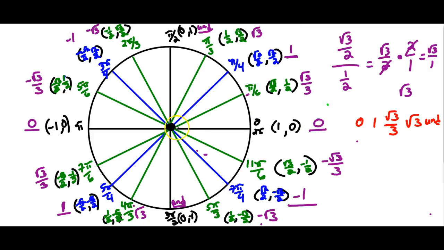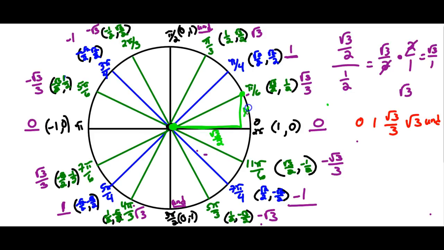So, if I look at this line of pi over 6 here, the angle pi over 6, if I talk about going from this point to this point, think about the steepness of that line. It would be going from that amount of run and that amount of rise. So what is that run? That run is square root of 3 over 2.